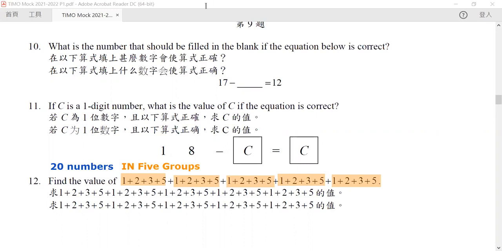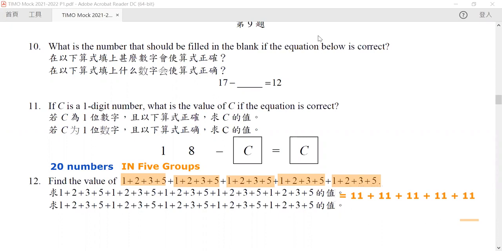So you can try to add the numbers within the same group first before you calculate the total sum. Now for 1 plus 2 plus 3 plus 5, the answer is equal to 11. So this question is equivalent to asking you what is the value of the sum of 5 11s together, okay?